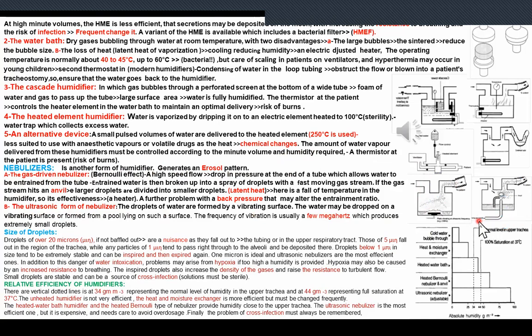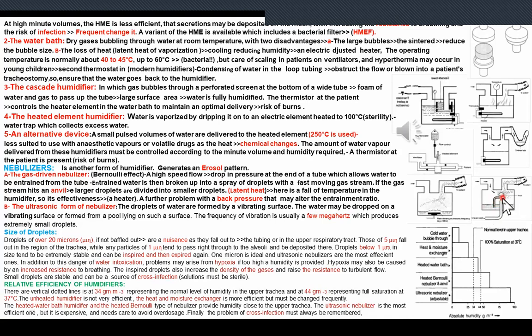As we can see, we have a high flow of gas going, and then we have a narrowing at the end of it. And then we have an inclined tube coming from a fluid. Of course, as we know, at this area, whenever the velocity increases, the pressure will decrease. So this reduced pressure will entrain fluid from this liquid.